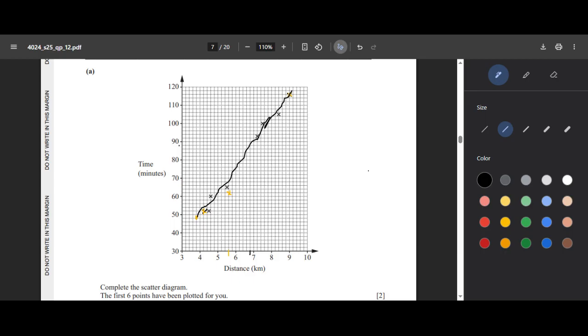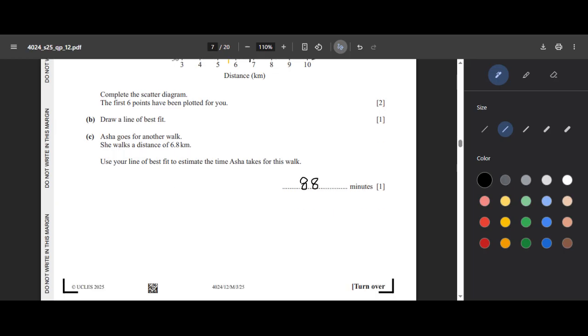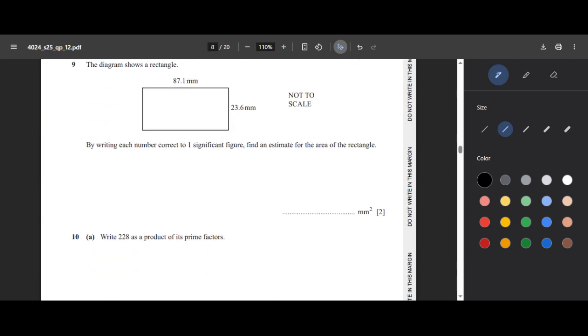This is 88. Answer will be 88 minutes. It is an approximation, so the answer could differ. It could be 86, 89, 87, or 85 also.